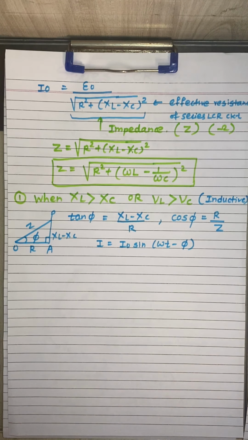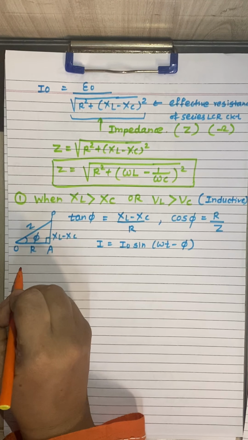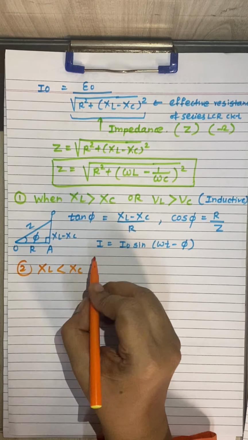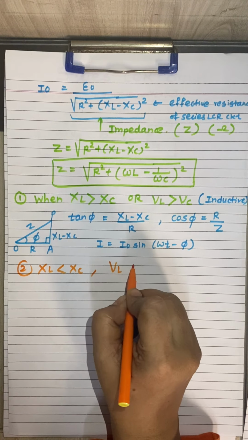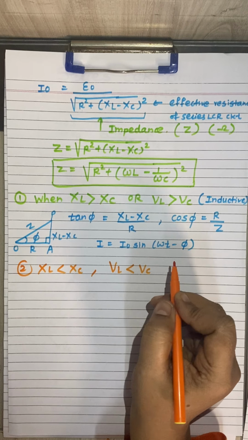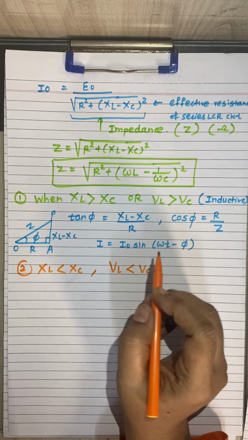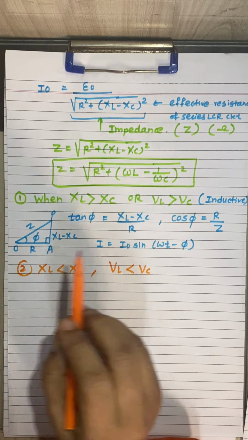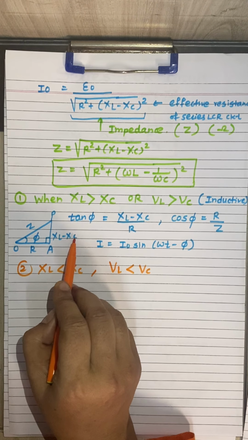Now suppose we are considering XL less than XC. The second case is XL less than XC. Then obviously the voltage across the inductor is less than the voltage across the capacitor. In this case the current is ahead of the EMF by angle phi, so we have to take XC minus XL.